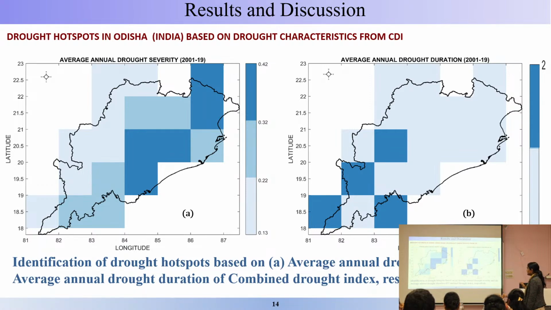We find that there are some regions which are more affected in terms of severity compared to the rest of Odisha. If the value of drought severity is on the lower side, then they are affected more significantly. If the drought duration is longer, they are also affected more critically. But this is a very coarse resolution result, so we cannot rely on it to be very accurate.